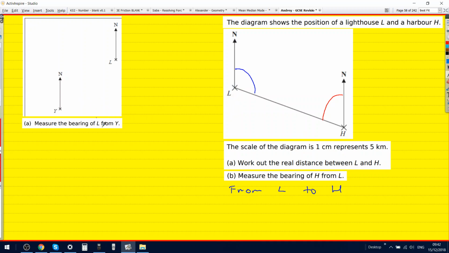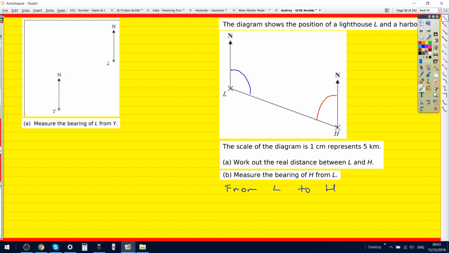So how would you do the one on the left? So would you do 180 and then do the next angle after that, and then add it up? So I think you'd have to join them up first.